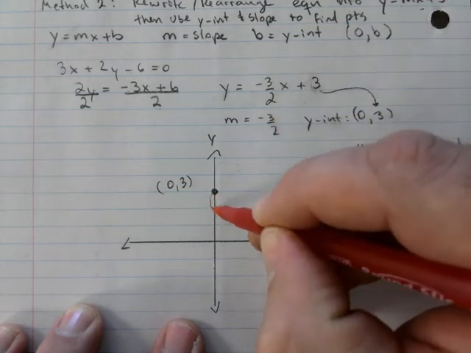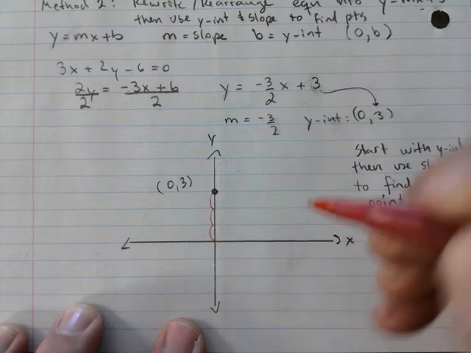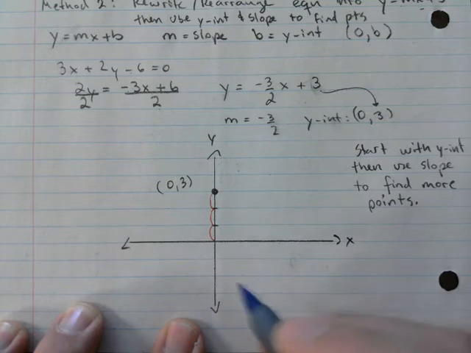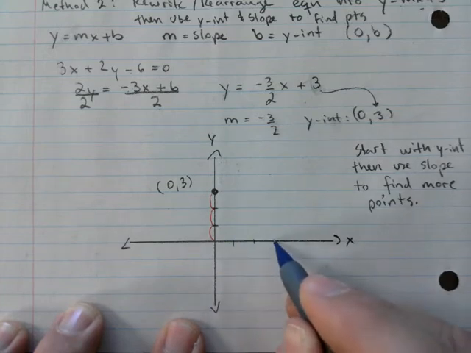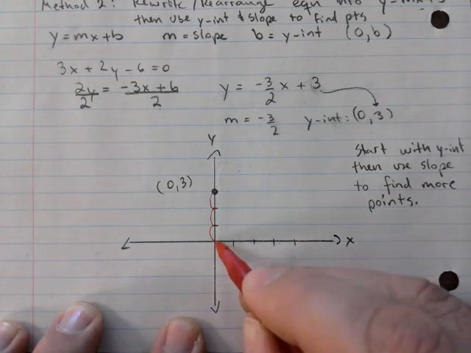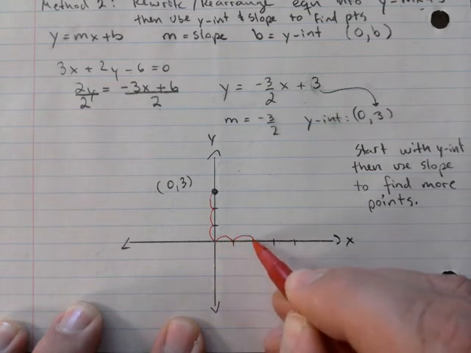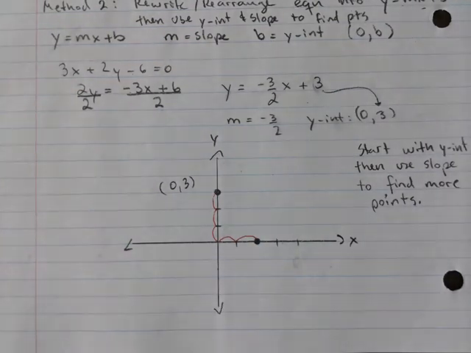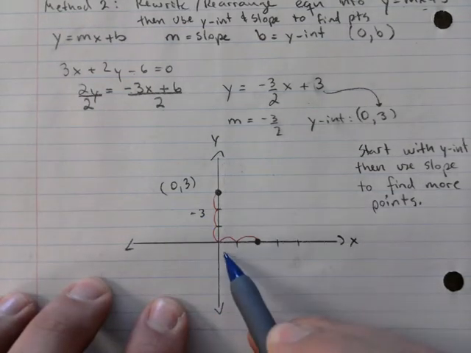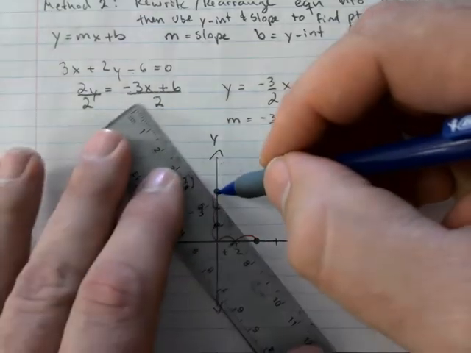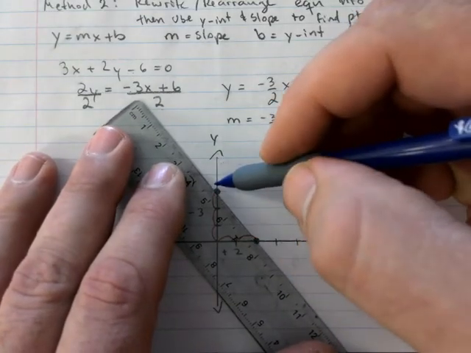So I'm going to go 1, 2, 3. And I need a scale here, right? It needs to be there. And I'm going to run 2 units. So 1, 2. So you basically found your second point, which happens to be the x-intercept, right? So you're dropping 3 and you're running 2. And there's your graph. I'm going to prefer the first method, to be honest.